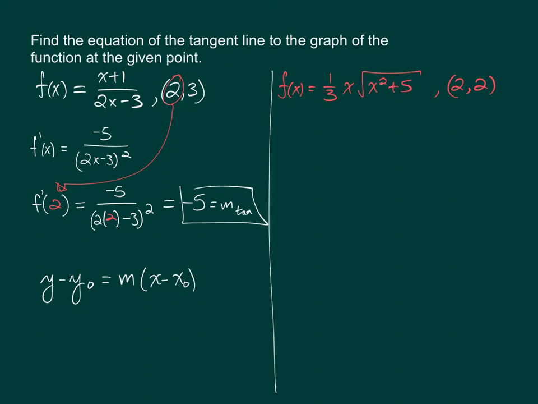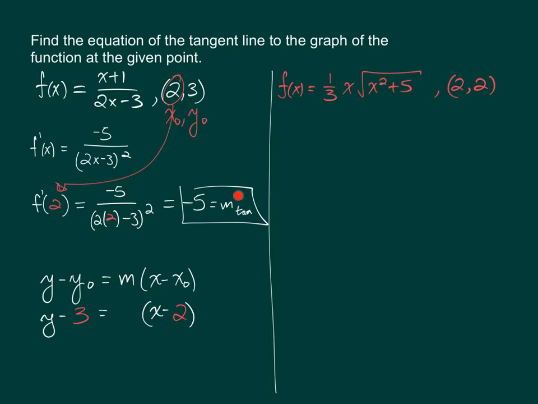The first coordinate is your x naught, and the y coordinate is your y naught. So you just substitute these numbers in here. That'll give you a 2 here. Oops, that's not where the 2 goes. It'll give you a 3 here and a 2 here. And y stays y, and x stays x.